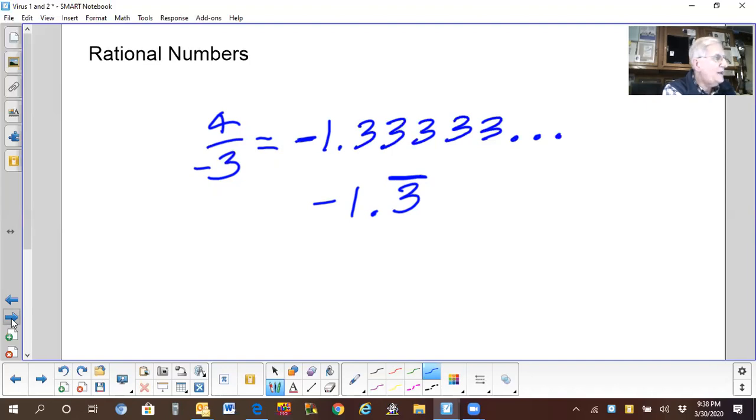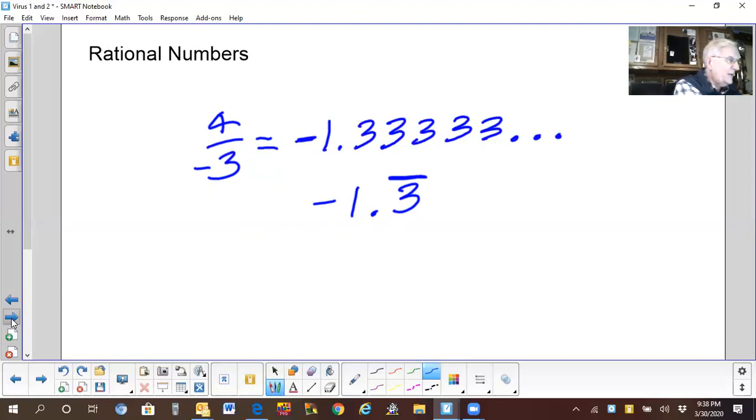So there is one example of one type of outcome you can have when you convert a rational number into its decimal equivalent. The other type of number you can get, if you recall, is a decimal number that terminates. It stops, okay?